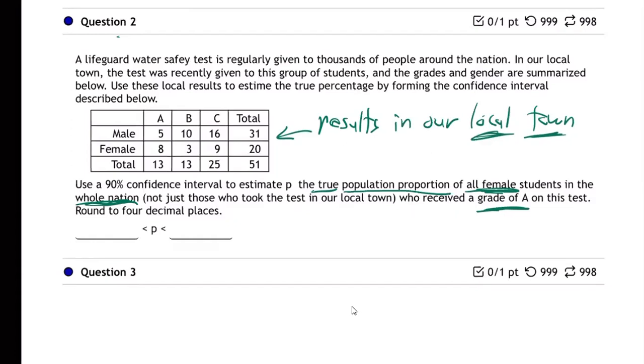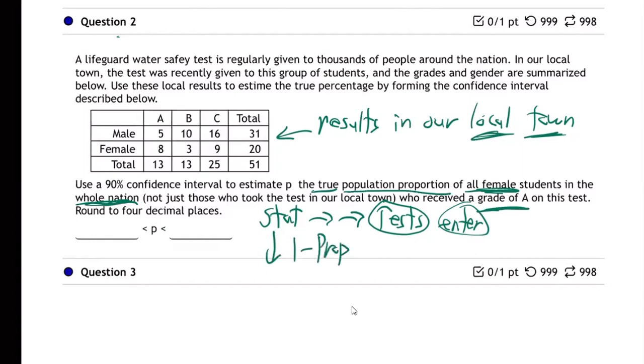Well, we're going to need our calculator. It's going to be the same thing we've been doing. So I'm going to go to my calculator, hit the stat button, go all the way over to tests, hit enter, and go on down to the 1 prop Z interval.